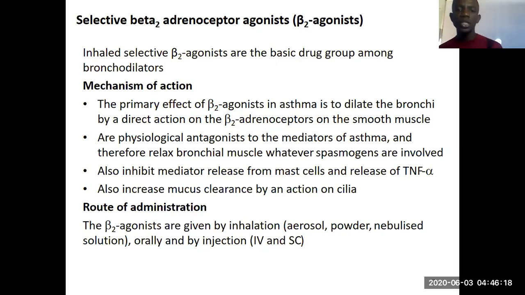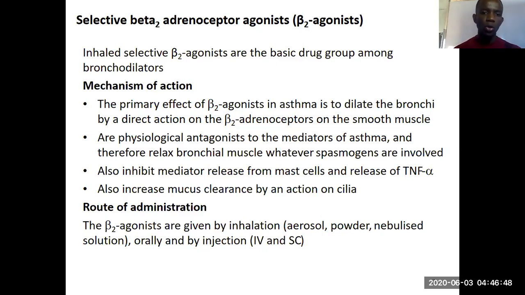They are physiologic antagonists to the mediators of asthma, okay? And therefore, they relax the bronchial muscles whatever spasmogens are involved. So all those mediators that were mentioned to have bronchospasm as a characteristic, these drugs work on them to antagonize and block them so that we have bronchodilation taking place.